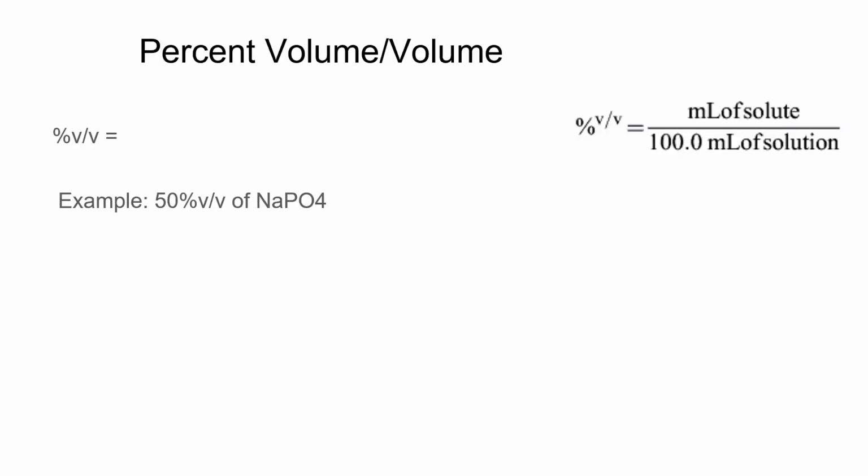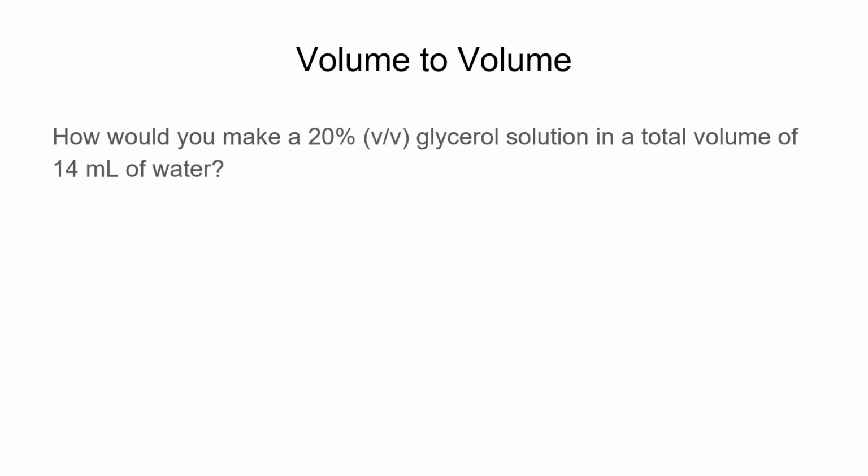Percent volume to volume. Sometimes you're given volumes of 2 different solutions. How would you make a 20% volume to volume glycerol solution in a total volume of 14 mils of water? We have 20%, which has to be converted to a decimal.